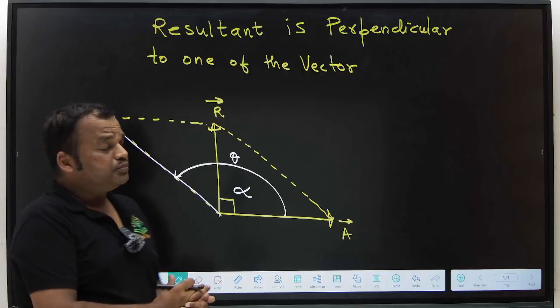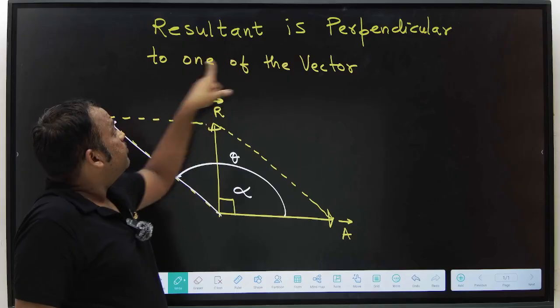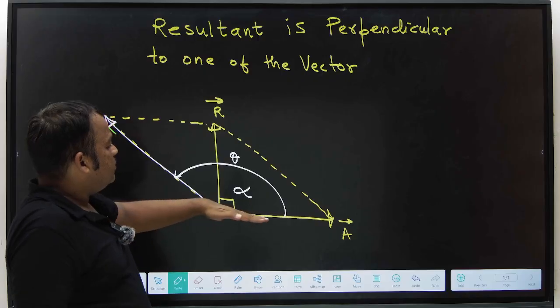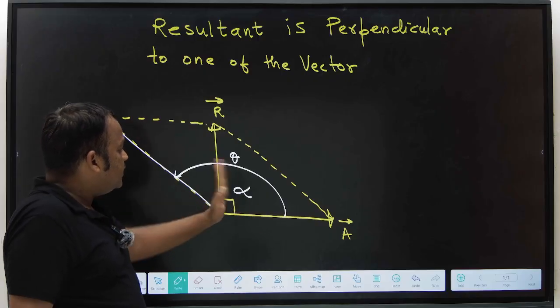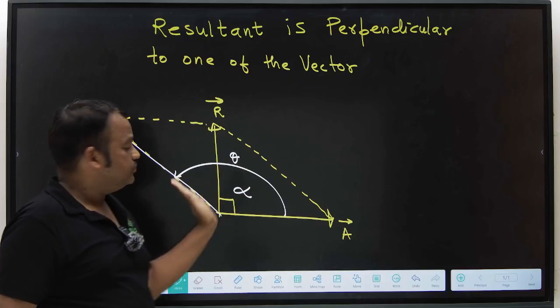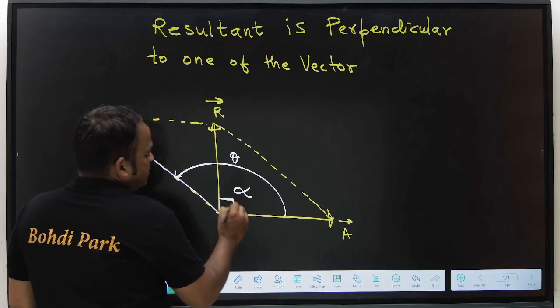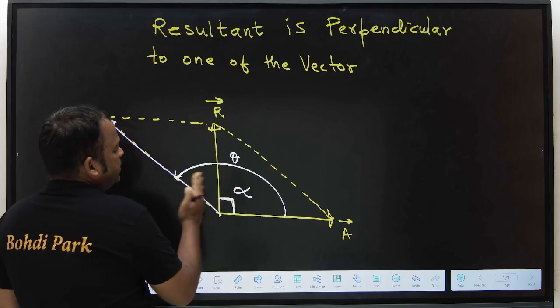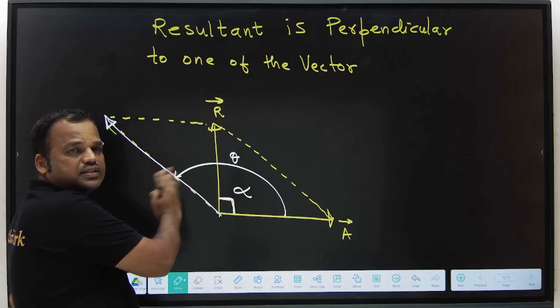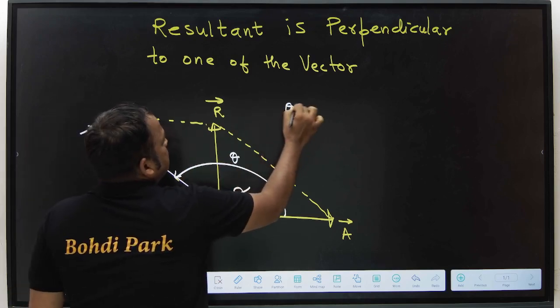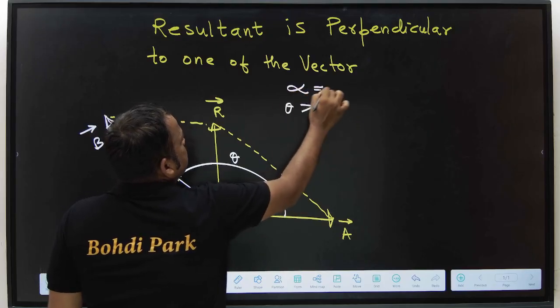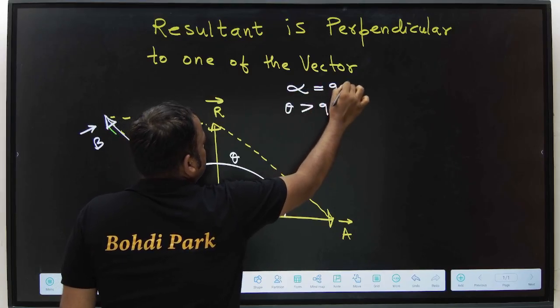So now you can observe when the resultant is perpendicular to one of the vectors, the angle theta is more than 90, because alpha is 90 and theta is more than 90. Clearly we can see in this diagram. So theta is greater than 90 degrees and alpha is equal to 90 degrees.